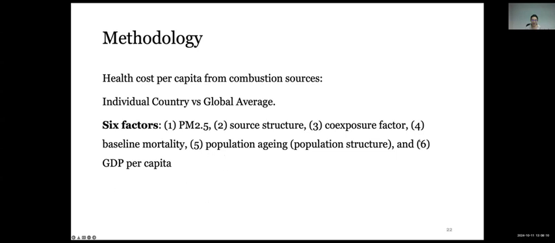Except for GDP per capita, all the other factors can be adjusted to improve the health effects. For GDP per capita, I sort of feel higher is better. Even though higher GDP per capita tends to increase the total health cost, it also implies that people's willingness to pay for risk reduction is higher, which means countries can allocate more resources for pollution abatement.